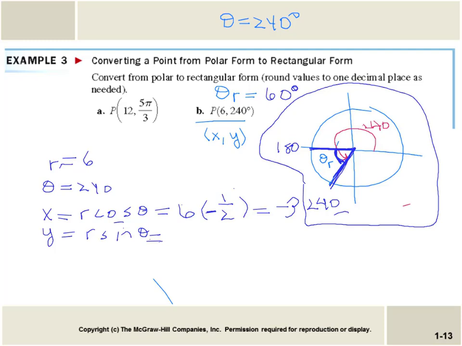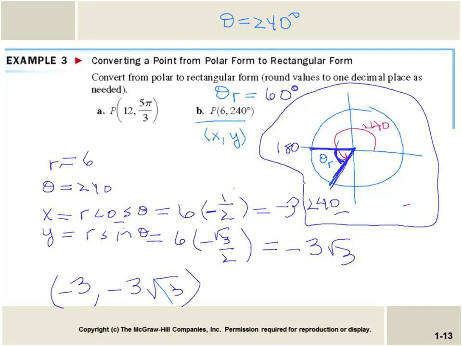So now we have r is equal to 6, and then it's the sine of 60 degrees, which would be rad 3 over 2. In quadrant 3, it's negative, so it equals -3 rad 3. And that would be the equivalent x and y. Make sense? Any questions?